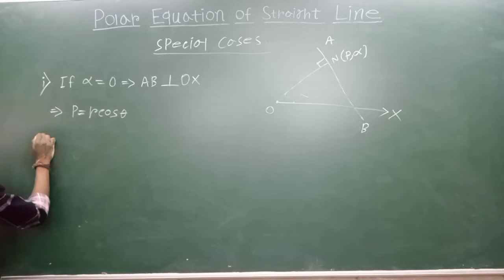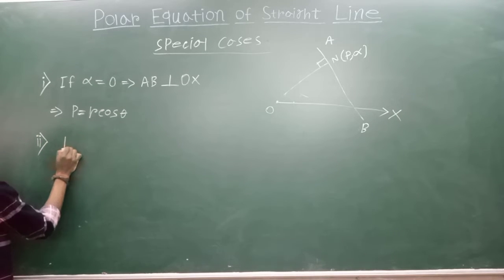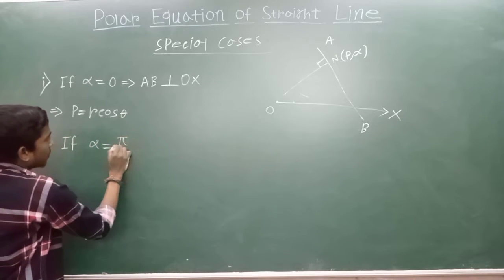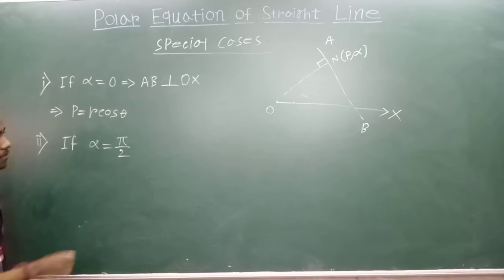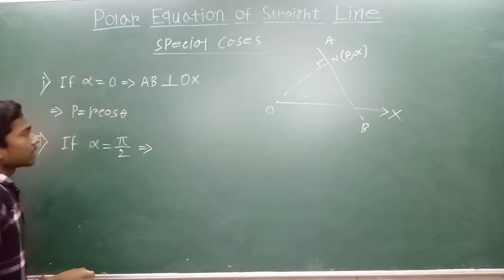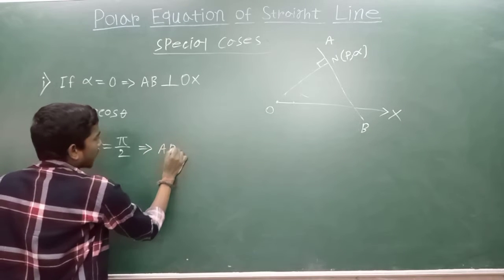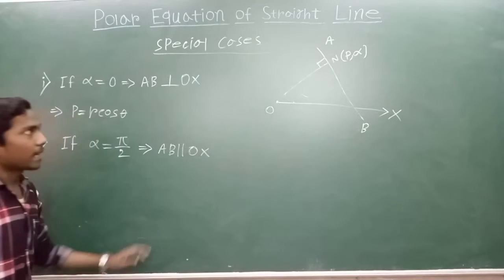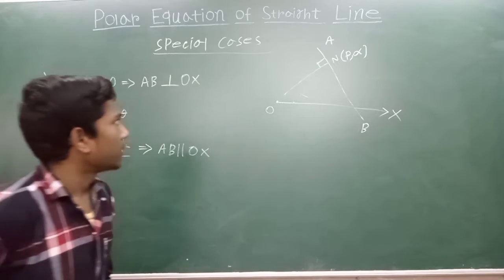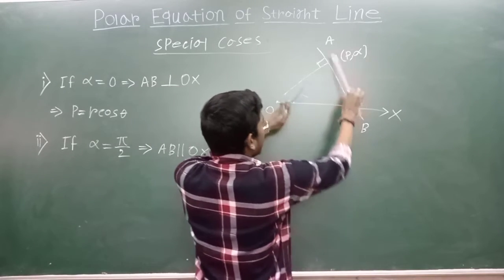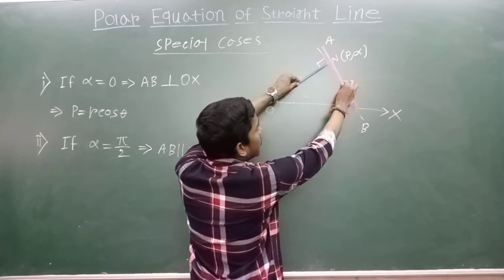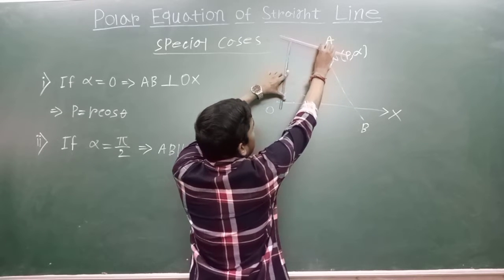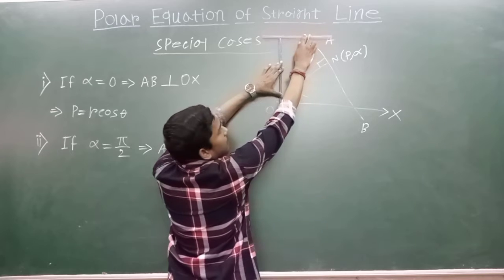The second case is if alpha is equal to pi by 2. If alpha is equal to pi by 2, it implies that AB is parallel to OX, means the straight line AB is parallel to the initial line OX. You can see this is our AB and this is ON. So I am increasing this angle alpha, increasing, and this becomes 90 degrees.